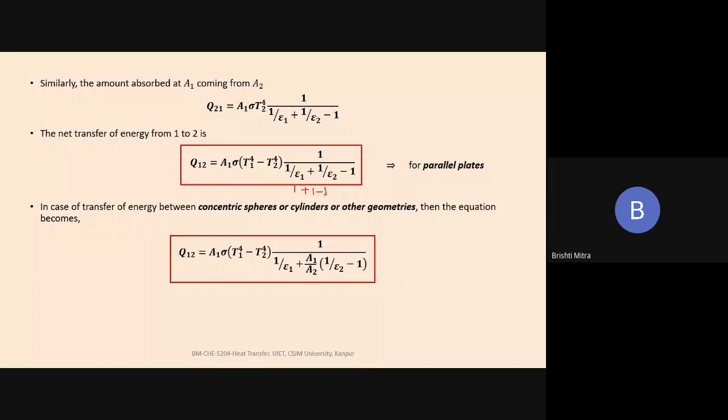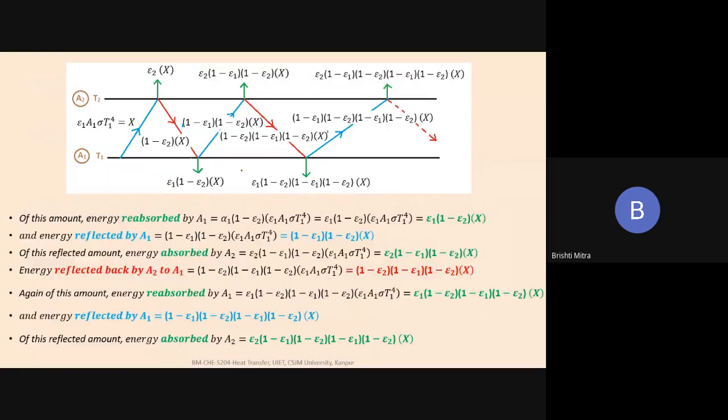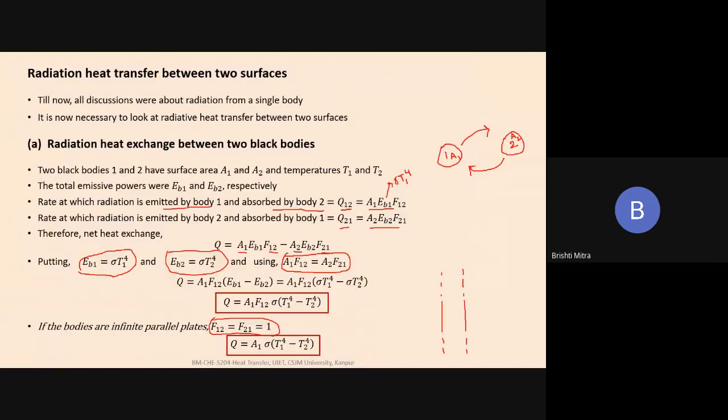So 1 plus 1 minus 1 cancels out, and the only thing that we are going to be left with is A1 sigma into T1 to the power 4 minus T2 to the power 4. This is exactly what we had seen for parallel black bodies.